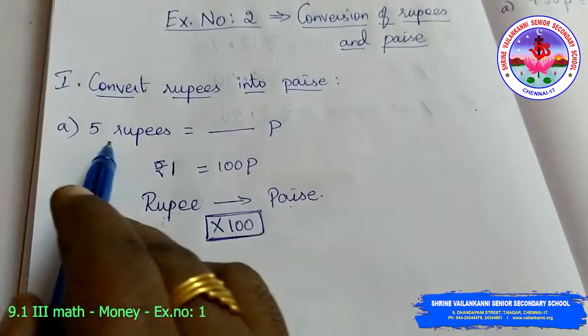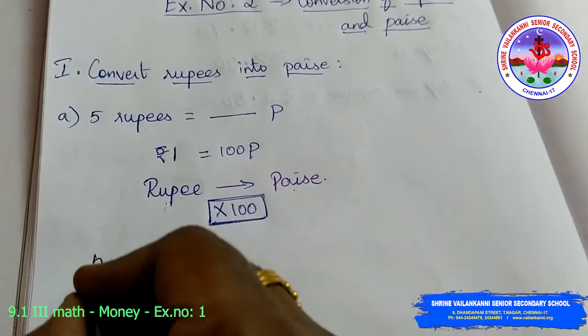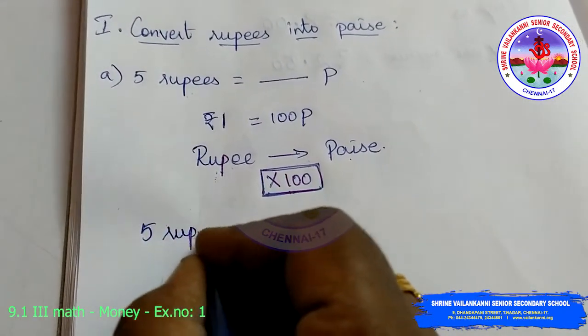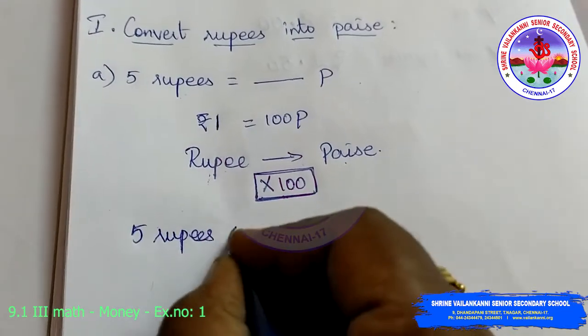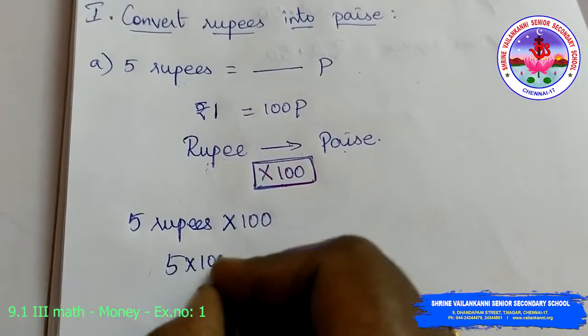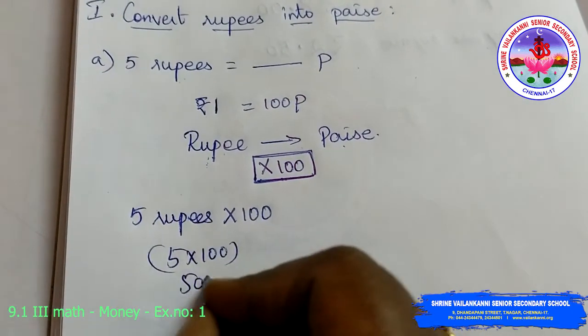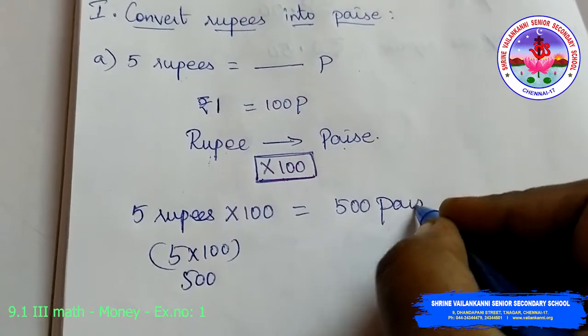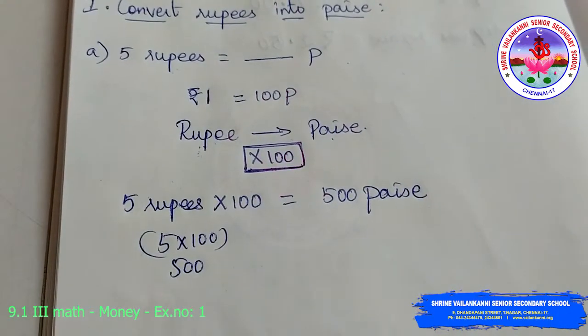So here we have 5 rupees. This 5 rupees has to be multiplied with 100. That is 5 into 100. You will get 500. So your answer is 500 pies.